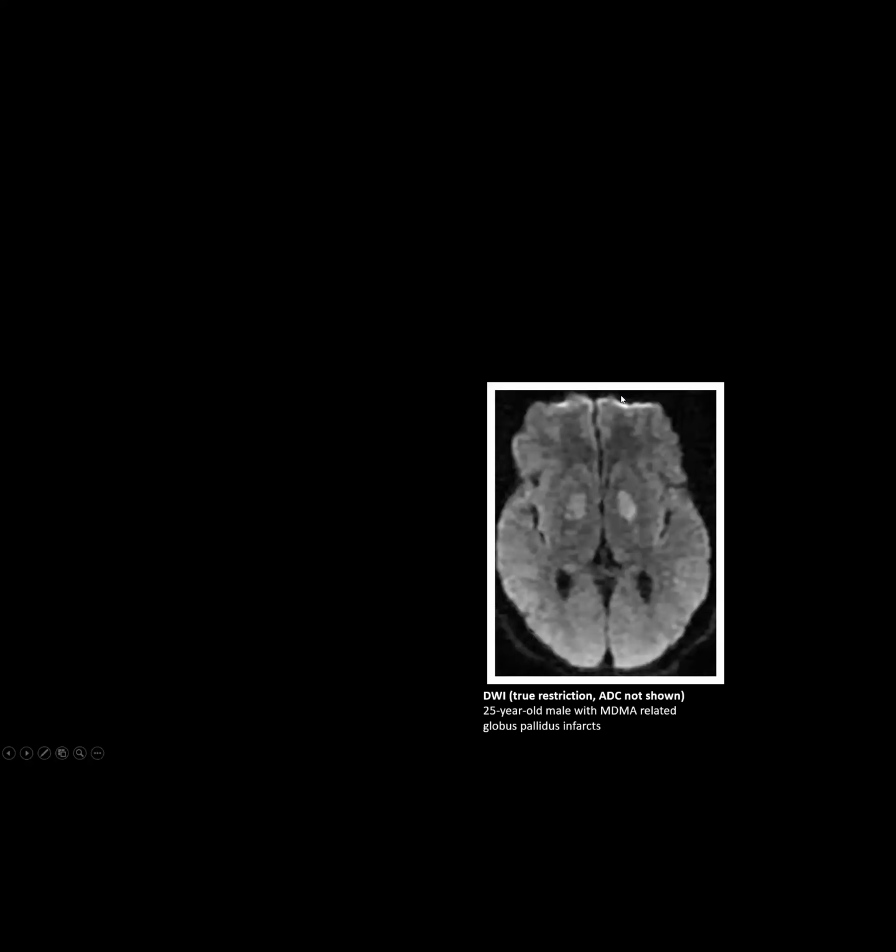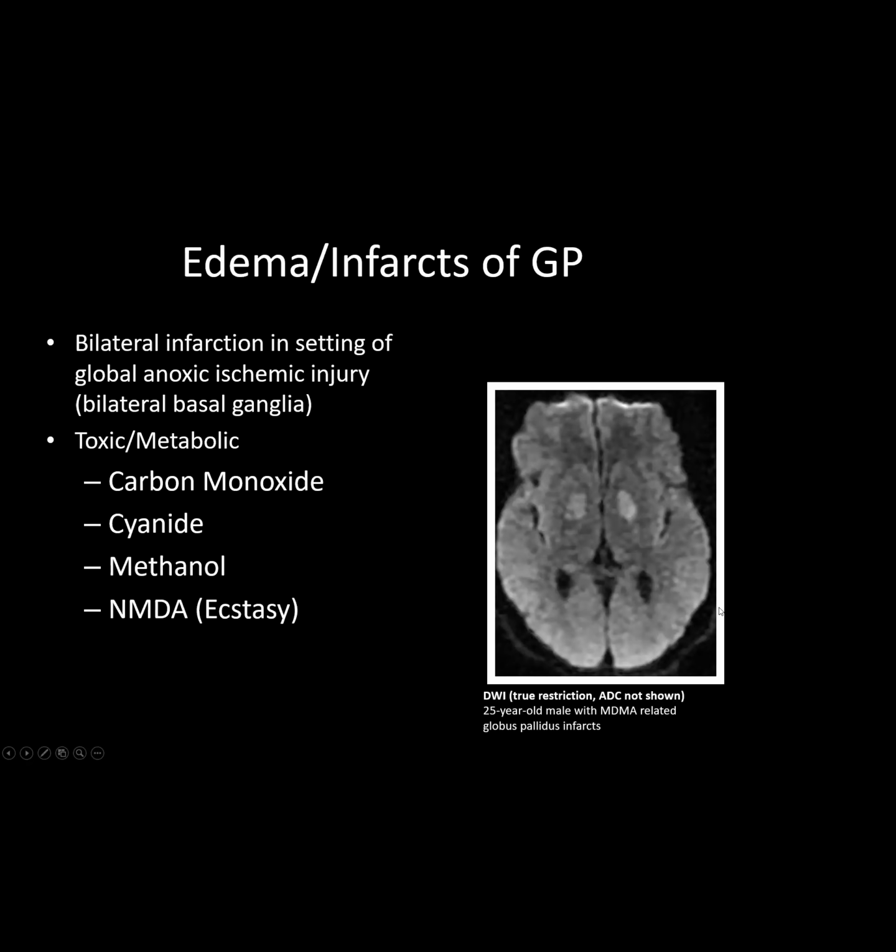And actually ecstasy or things that involve NMDA receptors can also involve your globus pallidus. So if you see a case where you have edema or what looks like infarction involving your globus pallidus, these are the things I would think about: carbon monoxide, cyanide, methanol, and lastly ecstasy.